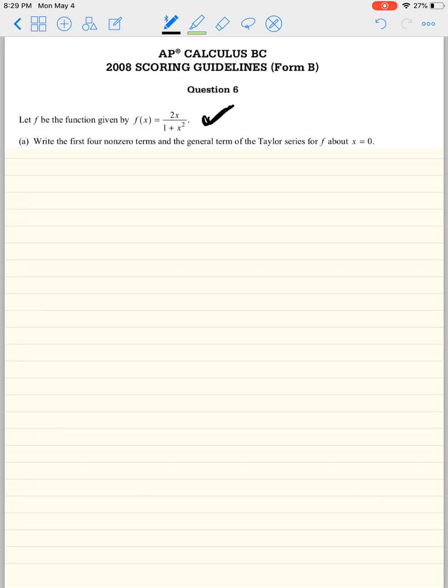Well, you're going to remind yourself that you have 1 over 1 minus r. And when I say 1, I really, again, should put a 1. But here's what I'm going to do. I'm going to say this is 2x, leave it alone. I have that 1 there that I want. I'm going to do this here. That's how I'm going to maneuver it. What you guys notice is that minus minus is a plus.